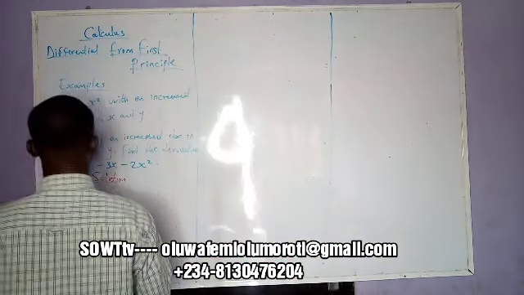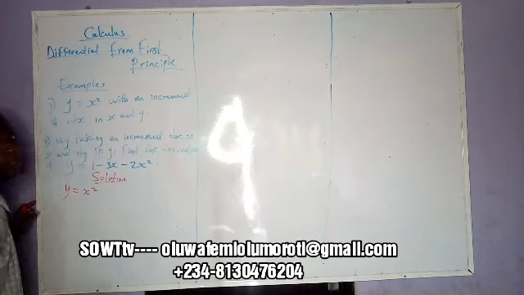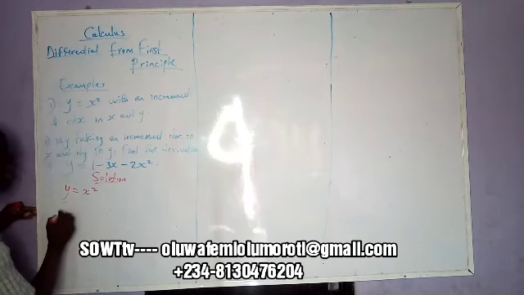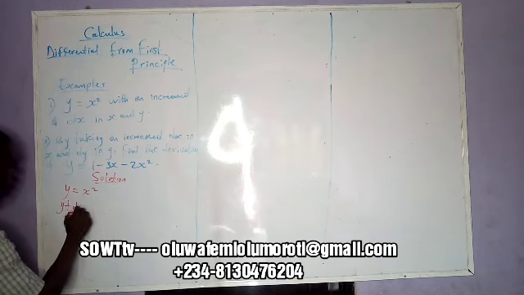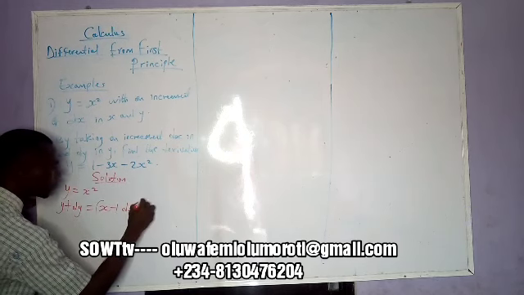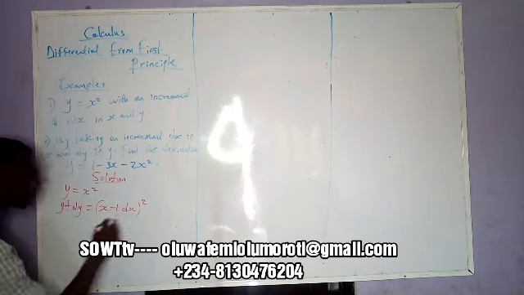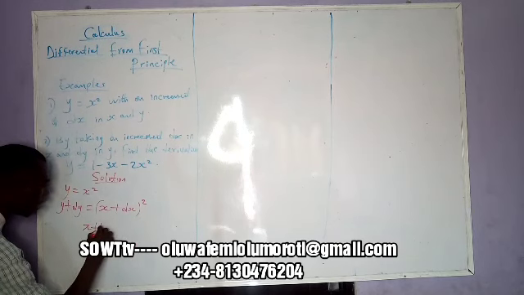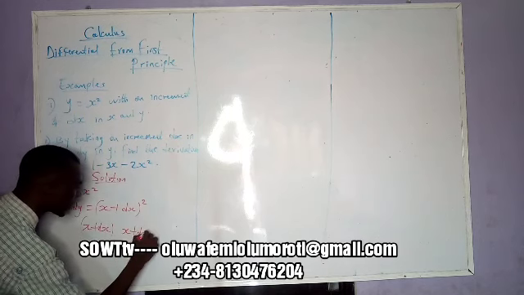The first thing we have is y equals x squared. What we need now is to increase y by dy and x by dx: y plus dy equals (x plus dx) in bracket, that is just power 2. The next thing is to expand this. We have (x plus dx) times (x plus dx).